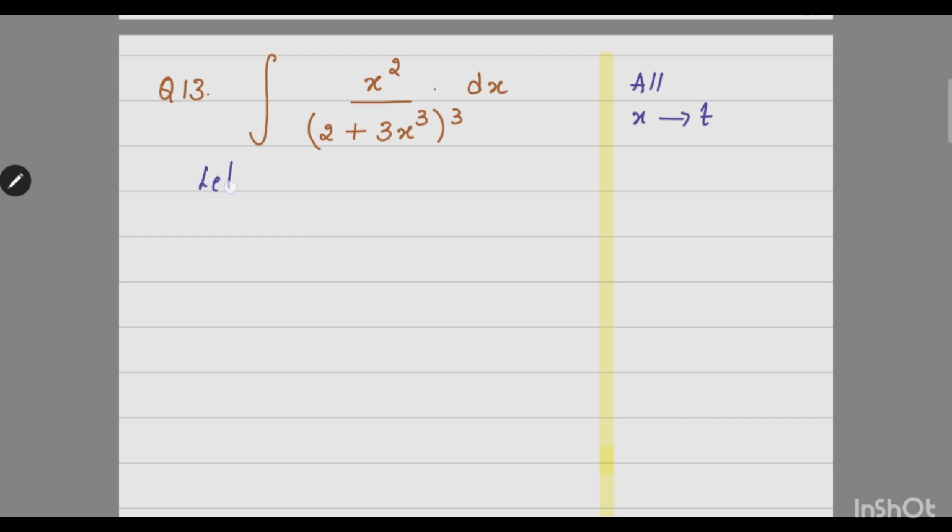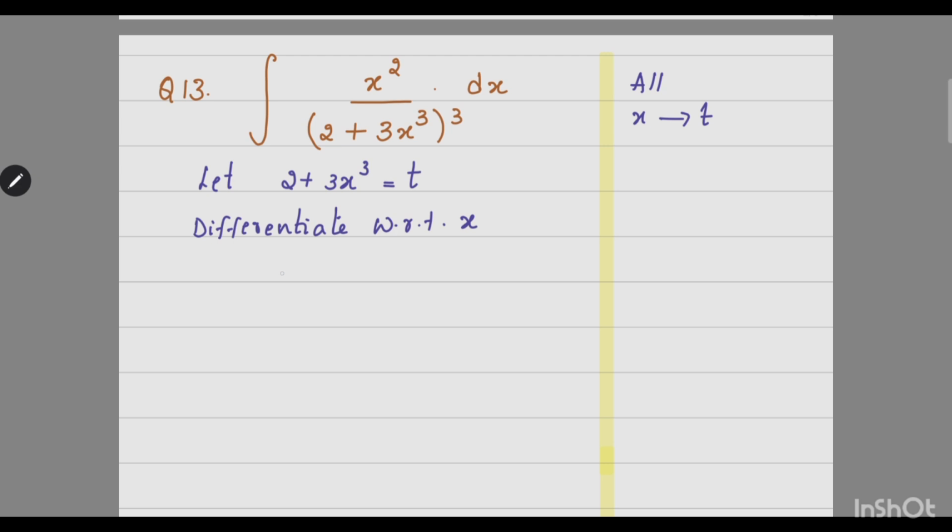So let 2 + 3x^3 equal t. We'll only include that base equal to t. Now differentiate with respect to x.